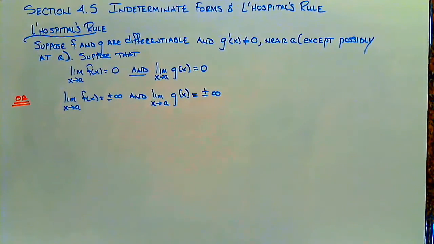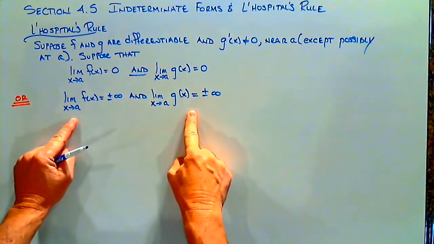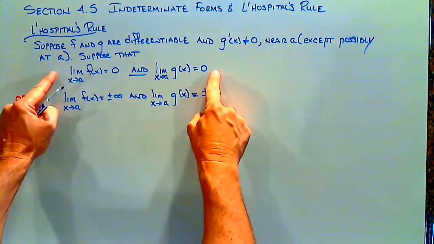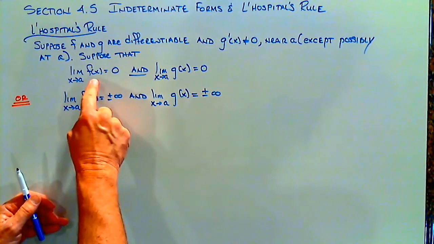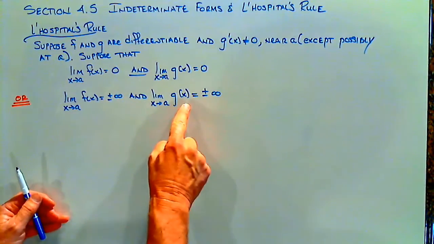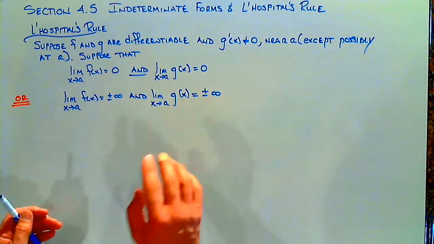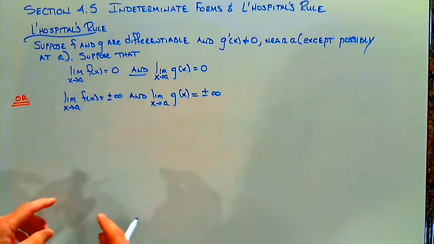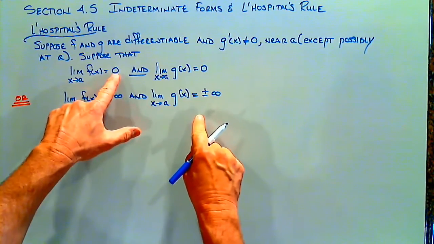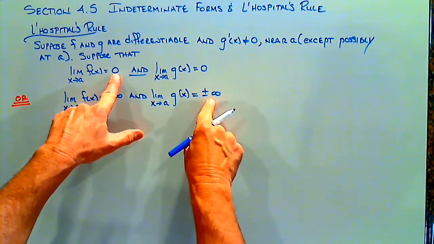Now, I'm going to pause just for a second here to reiterate to you that this is one situation, this is a separate situation. It's not possible for us to use L'Hopital's rule, for example, if f of x equals 0 and g of x equals infinity. L'Hopital's rule does not apply there. We may encounter a case further in this lesson, and we will encounter a case further in this lesson where one of these functions is 0 and the other function is infinity.